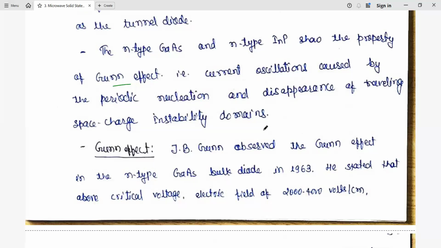It was observed for N-type gallium arsenide, which is a bulk diode.